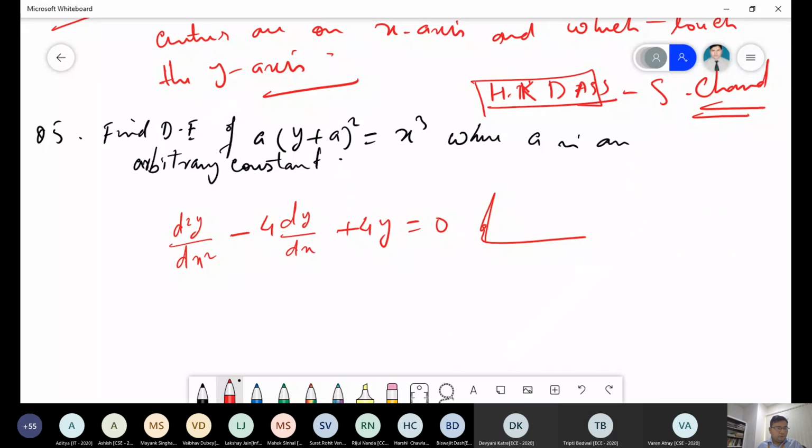And what is the question number 4? What is the differential equation for the question number 4? Anyone who did this question number 4? Solutions 4. Otherwise, I will do that.